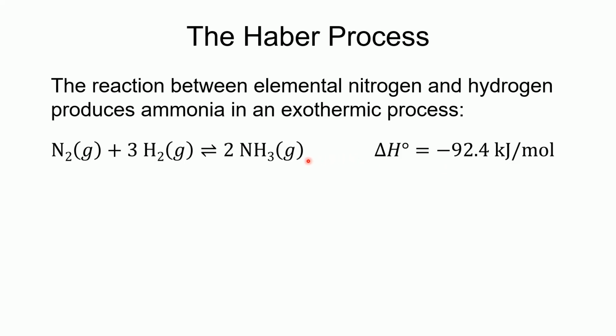This is one of the biggest industrial processes in the world. Approximately 3% of all natural gas on Earth that is produced is used for this process. Approximately 3% of all carbon emissions on planet Earth come from the Haber process. And about 1% of all energy usage goes into doing the Haber process.